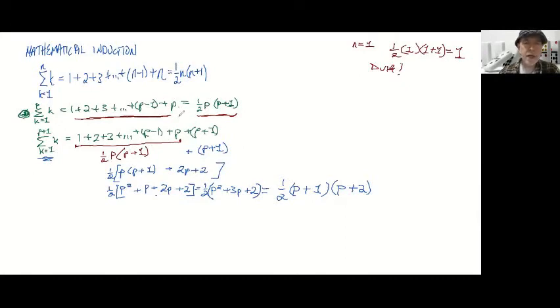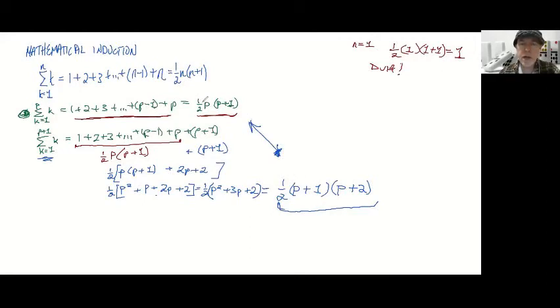Well, we've got an assumption that this formula works for some number p. We haven't proven anything, but we've shown that if it works for some number p, then p plus 1 will look like this. But what is this if not the same formula except with p plus 1 in the place of p?